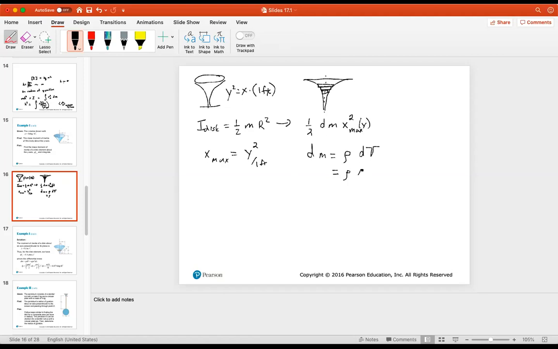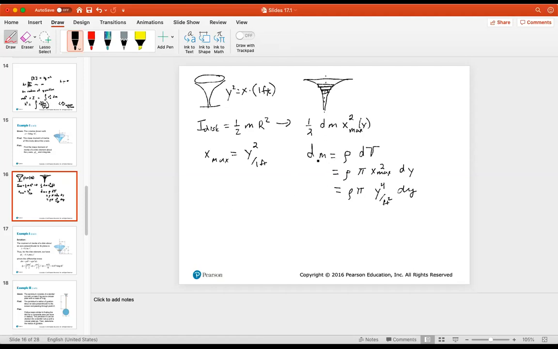So that's going to be pi times the radius of that disk, which was x max, squared, times the thickness, which would be dy. Plugging in the relationship between x max and y, this becomes rho times pi times y to the 4th over foot squared dy.